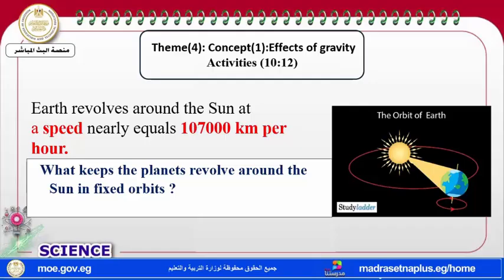It moves with this speed around the sun. But what keeps the planet revolving in this path, fixed in this orbit, and unable to leave the orbit and move in another one?